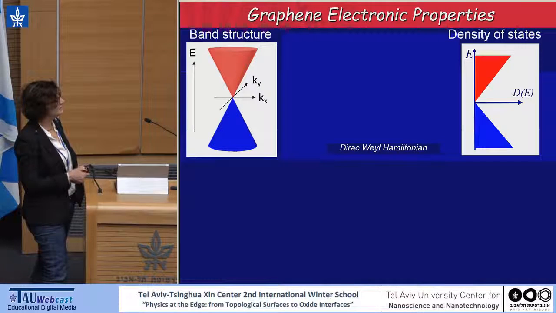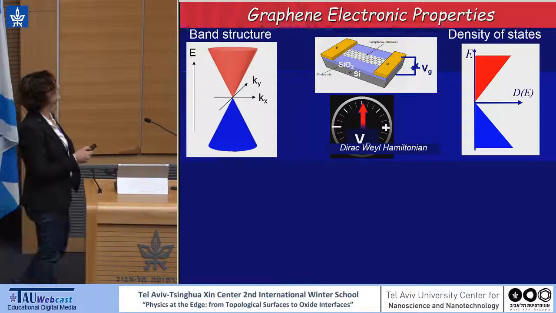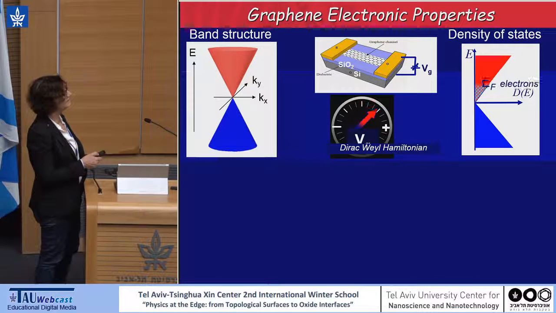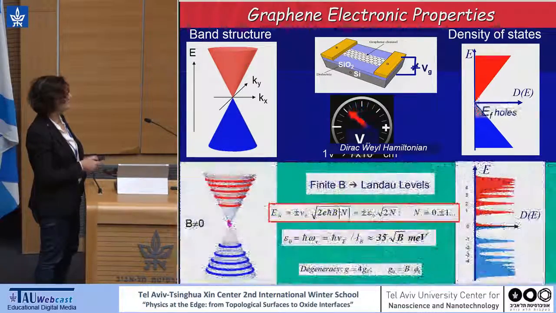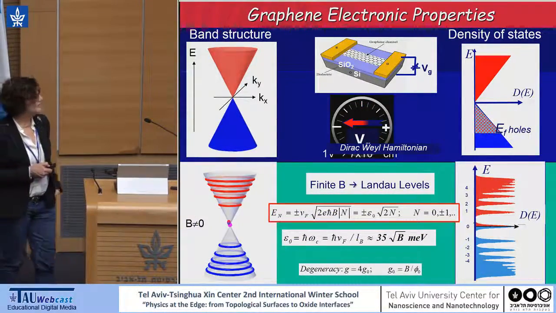Here we have the conduction band and the valence band, which touch at the Dirac point. In an experiment, you can put your graphene on, for example, 300 nanometers of silicon dioxide, and you can gate it smoothly from the electron sector to the hole sector.